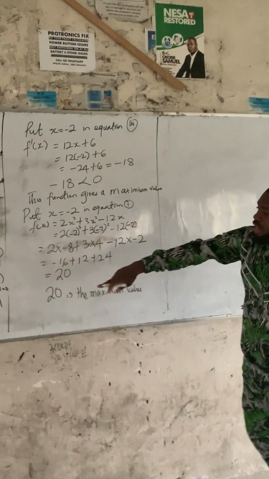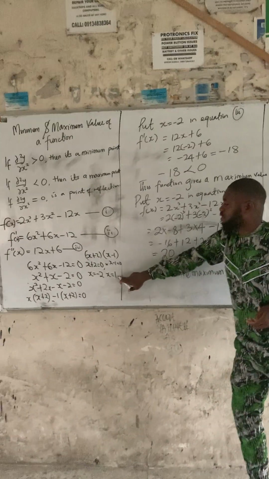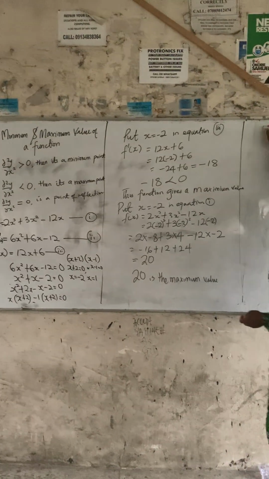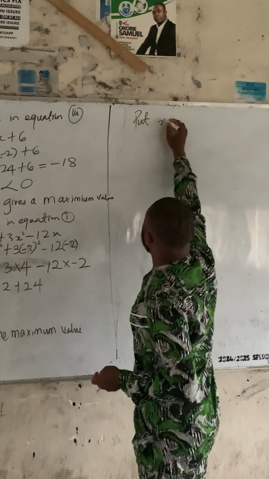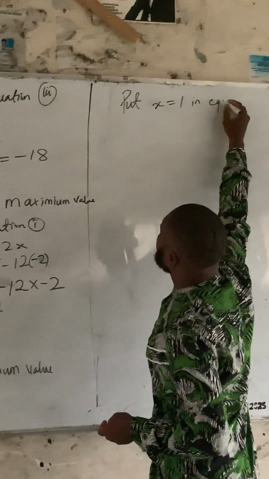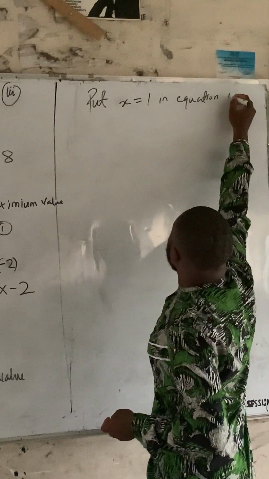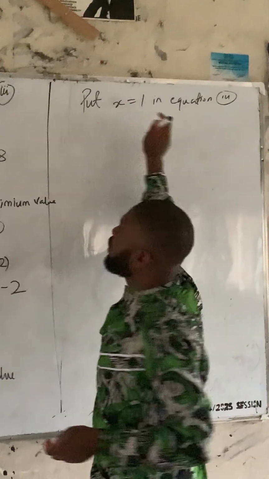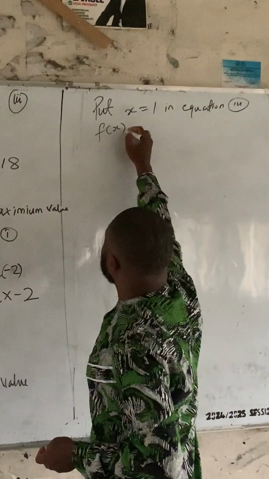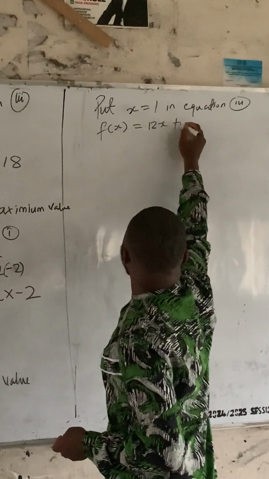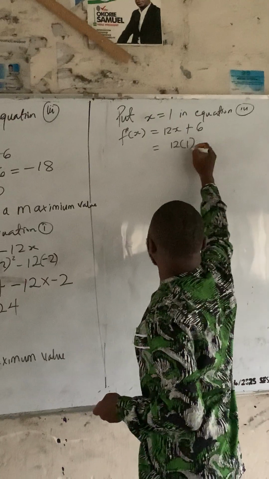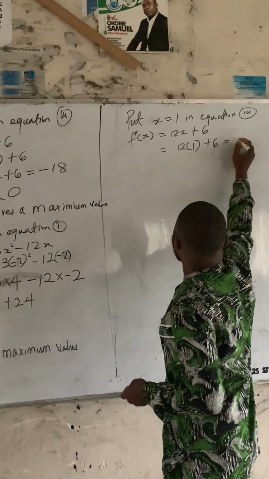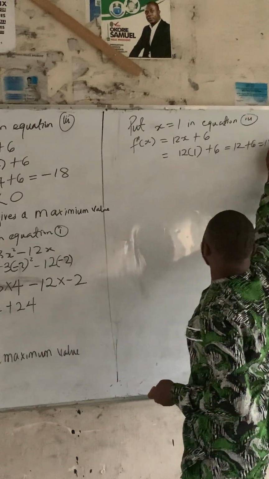The other number, which is 1, gives me a minimum value. So let's do this together. I'll put x equals 1 in equation 3 as well, the same thing we did here. For f double prime of x equals 12x plus 6, I'll have 12 times 1 plus 6, which is 18.